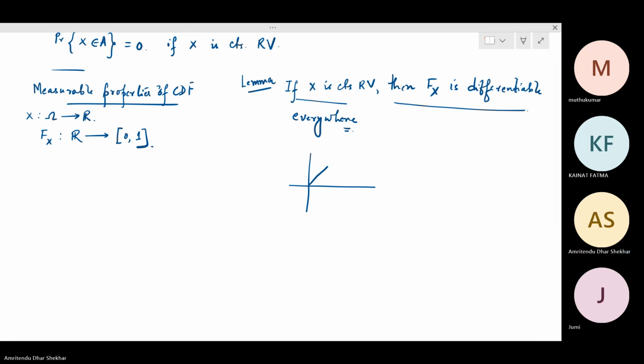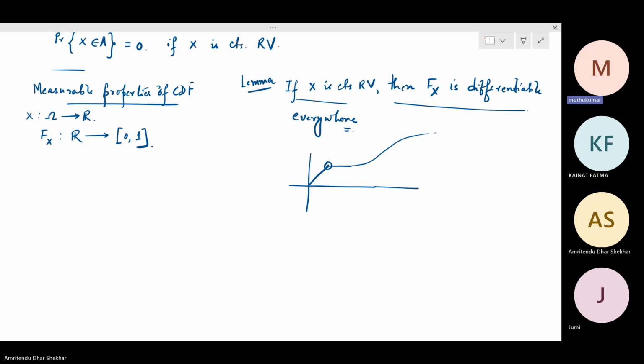Something like this, and then maybe this part is like so. Of course it's not going to be differentiable at a point like this, right? We can always have a CDF function that looks like this.